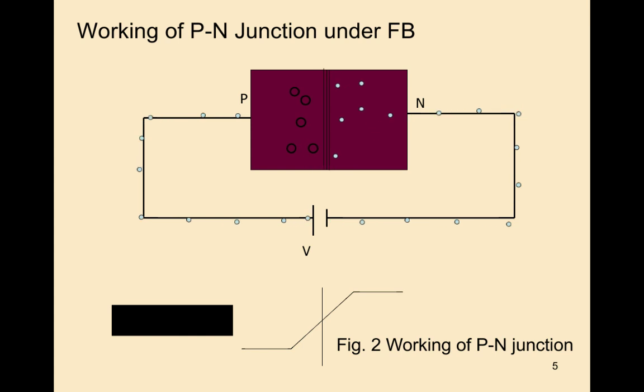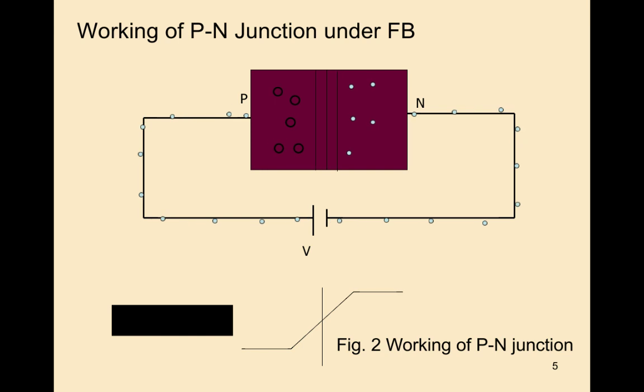In this connection, the depletion region width will be reduced. At the same time, the potential barrier is also reduced. That means the holes from the P side and the battery holes repel each other by repulsive force. This depletion region and potential barrier width decrease. So what will happen in the diode when we connect it in forward bias connection?